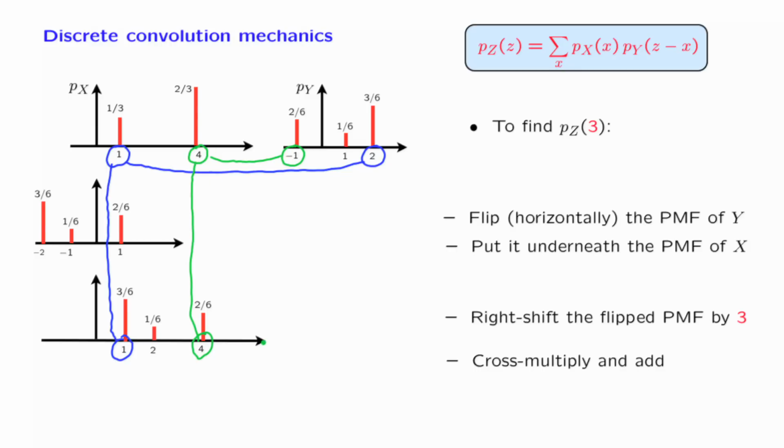Now, if we wanted to find the probability that z is equal to 4, we would be doing the same thing, except that this diagram would need to be shifted by 1 more unit to the right, so that we have a total shift of 4. So we just repeat this procedure for all possible values of z, which corresponds to taking this diagram here and shifting it progressively by different amounts.